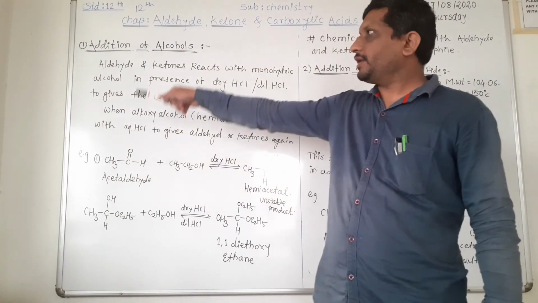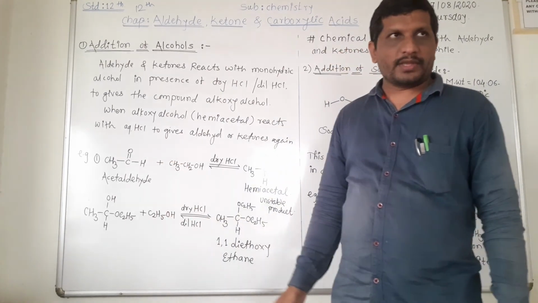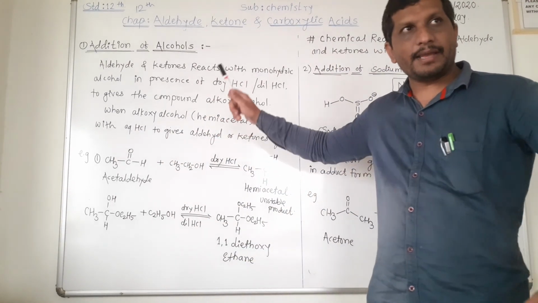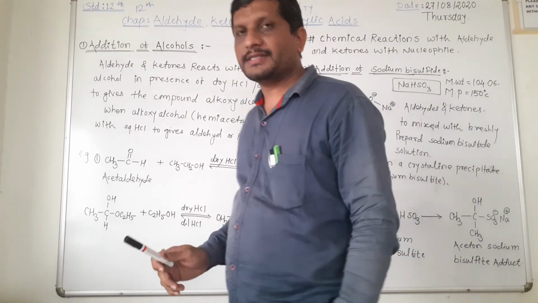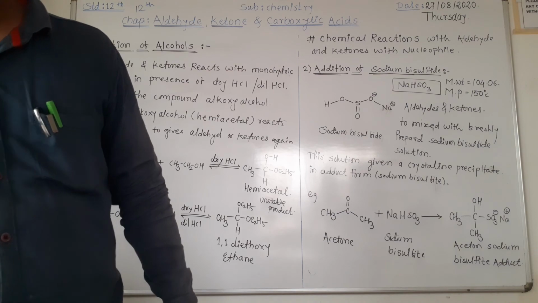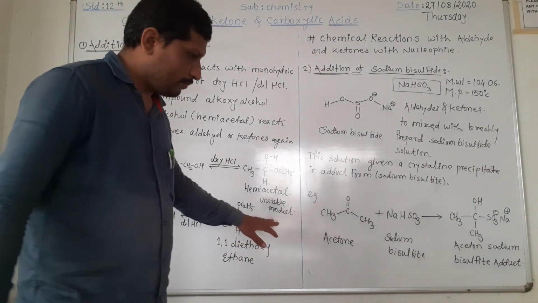And in a similar way, acetone reacts with monohydric alcohol to give the hemiketal product, and again this is highly unstable and forms a cyclic ketal product.